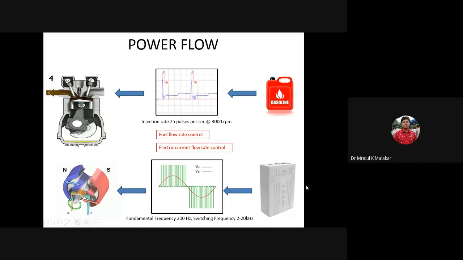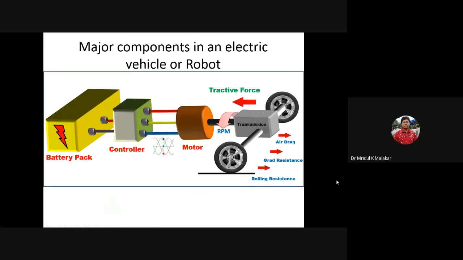Now slowly I can go deeper: this is the transmission box, whether it is a CVT or any discrete gear system, like one gear, two gear, three gear, four gear system. The transmission efficiency is almost 95 to 99%, so we can say it is lossless and we can neglect this loss.